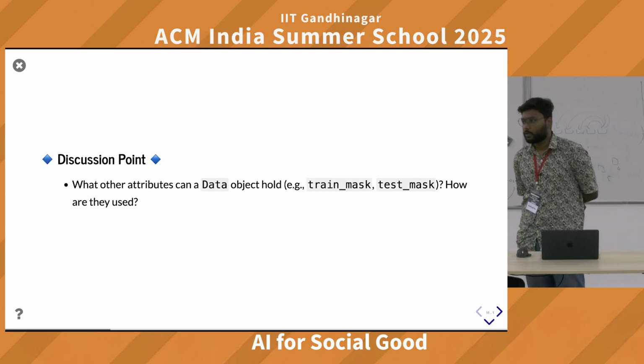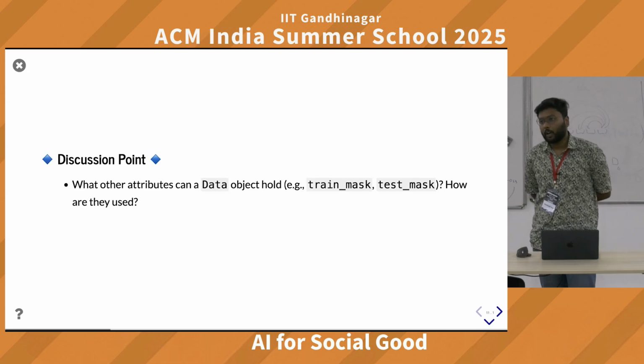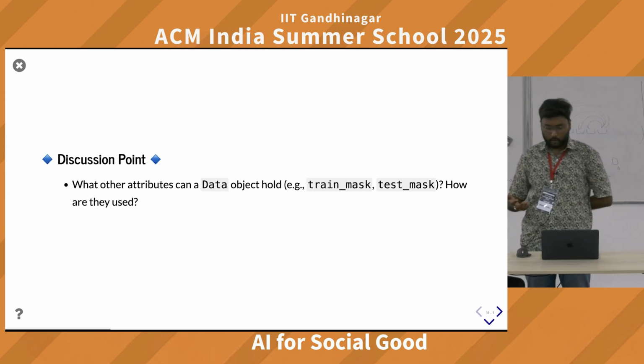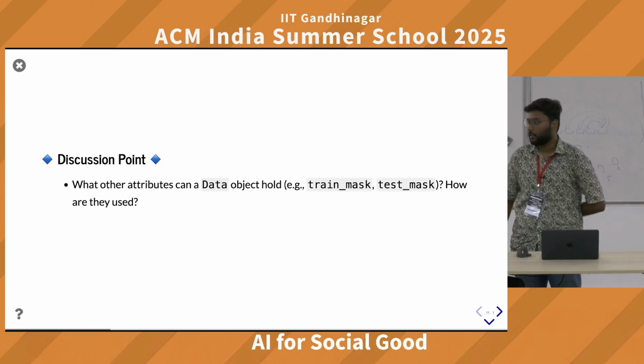There are some nodes, there are some edges. What particular property do you think you can assign to a graph? Like we were storing node attributes and edge attributes, you can keep these attributes in this data object.